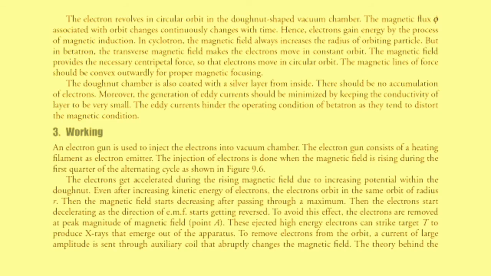Now the electron revolves in a circular orbit in the donut-shaped vacuum chamber. You can see that donut-shaped vacuum chamber in figure 9.5a. The magnetic flux phi associated with the orbit changes continuously with time. Hence, as a consequence, the electrons gain energy by the process of magnetic induction.